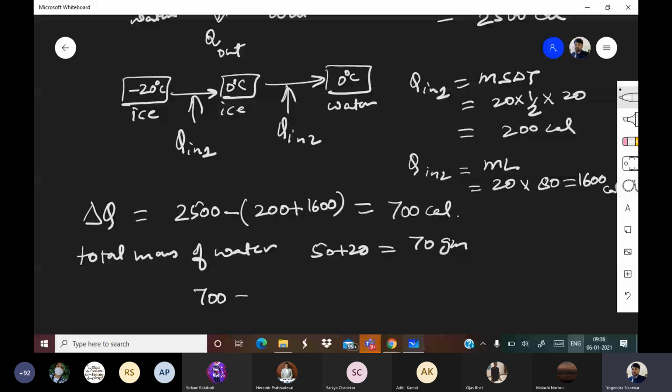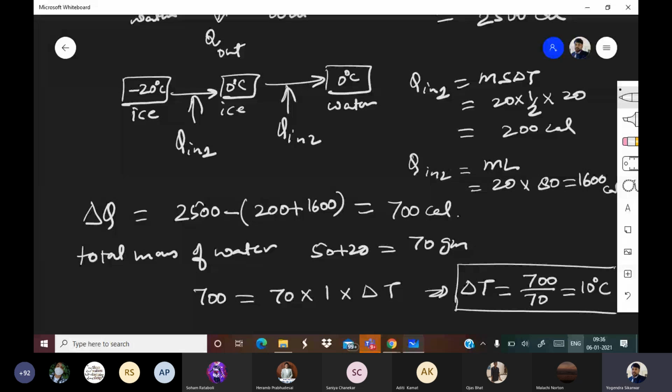So 700 will be m, which is 70, into s, which is 1, into delta T. So delta T comes out to be 700 by 70, and that comes out to be 10 degrees Celsius. So the answer will be 10 degrees Celsius.